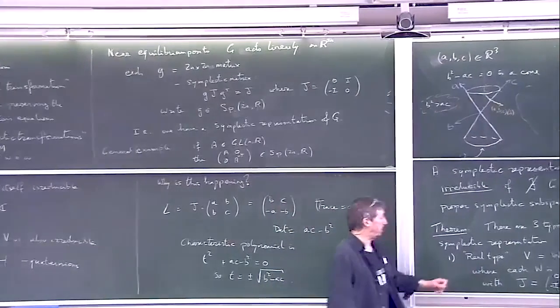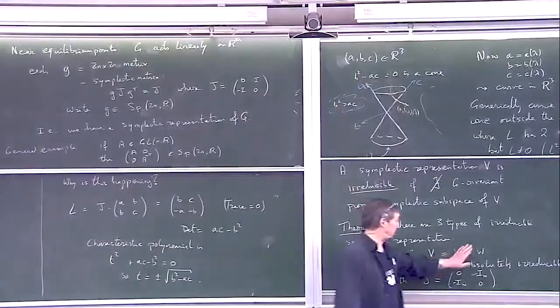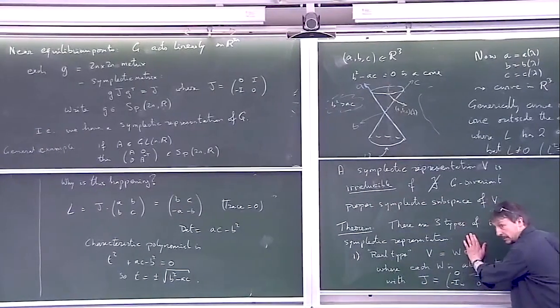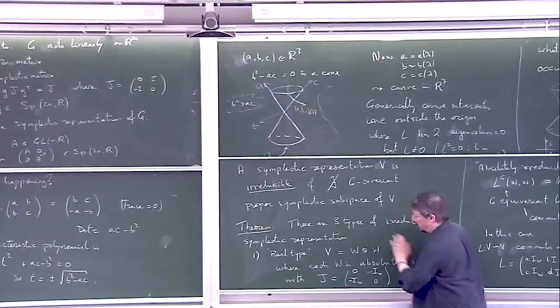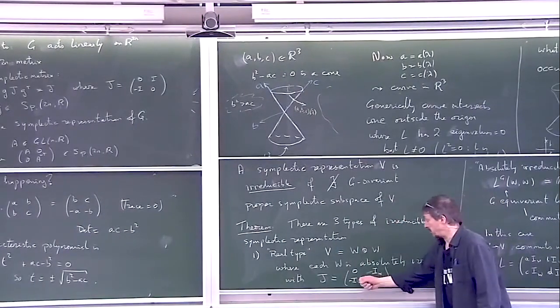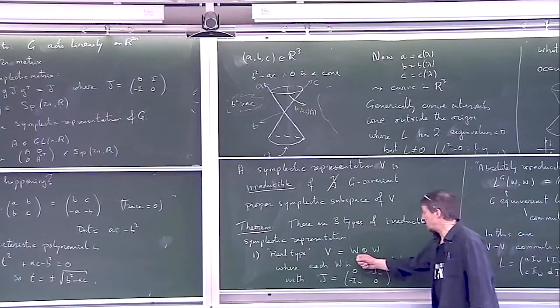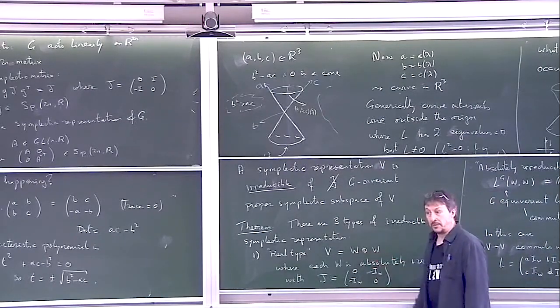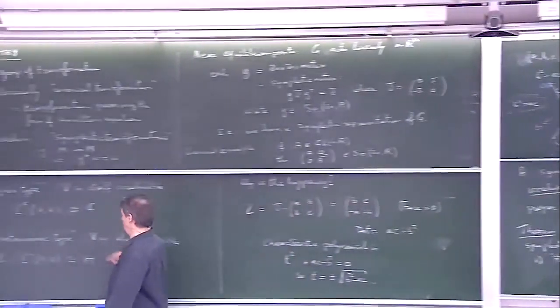There's the real type, but the real type can't be symplectic on its own. Just W cannot be symplectic. There's no J like this on W, because the only things that commute are multiples of the identity, and J is different. So it has to be 2 copies. Otherwise, it's the same as here.